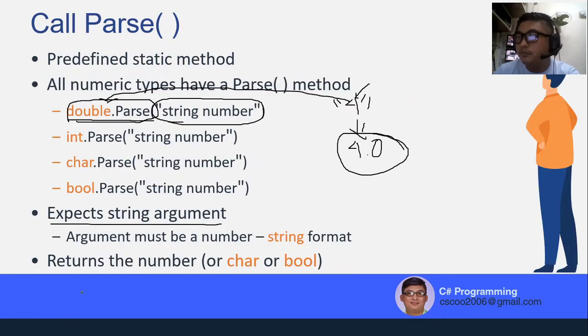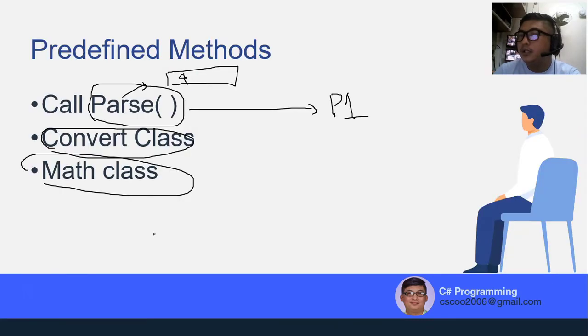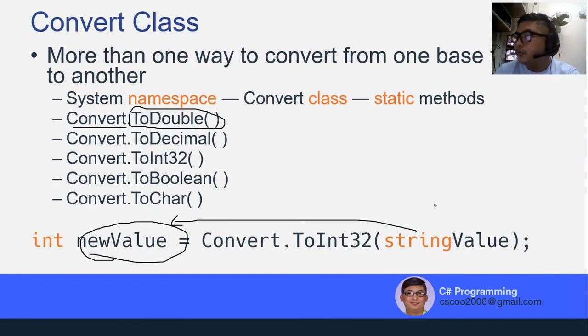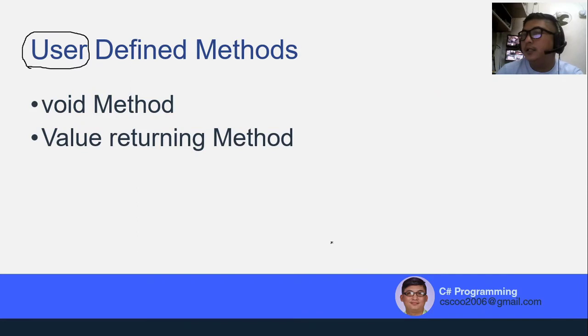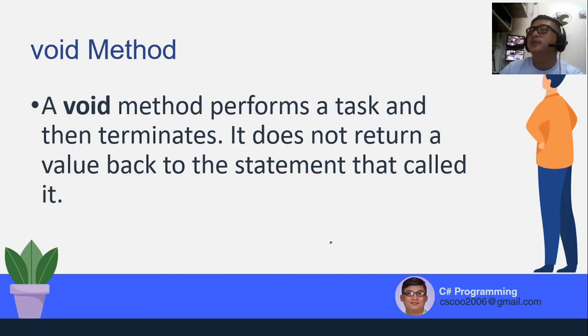So when you submit a data, let's say you convert to integer, you type string 34. This value is being returned but in integer format. This will be 34. So there is something returned. But with void, there is none. It returns nothing. All you need to do is define that in your C# program, add some statement, you call it, and that's it.